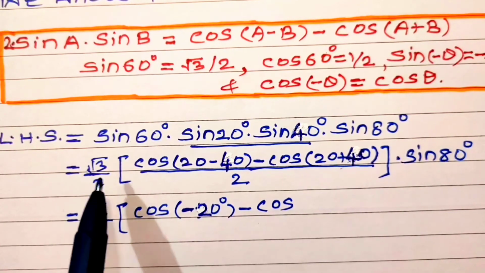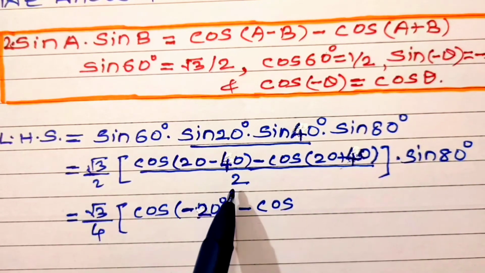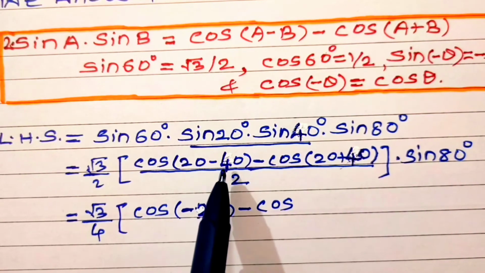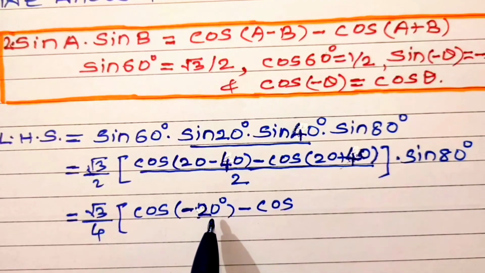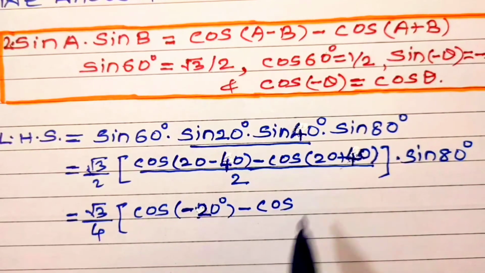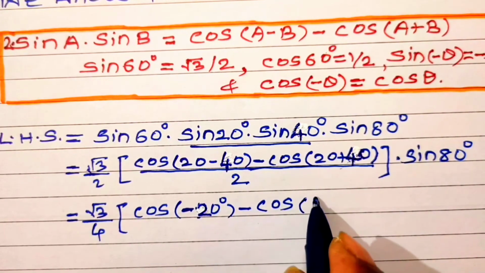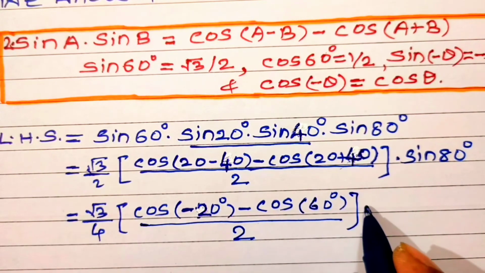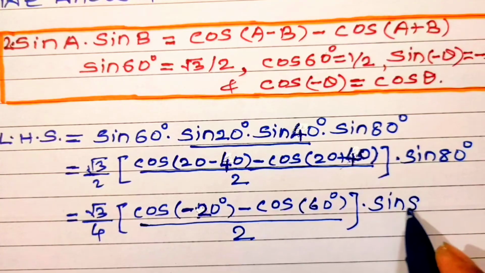This is equal to root 3 upon 2 into 1 upon 2, that is root 3 upon 4 into bracket cos of 20 minus 40 minus cos of 20 plus 40, and this divided by 2. Bracket close into sine of 80 degree.